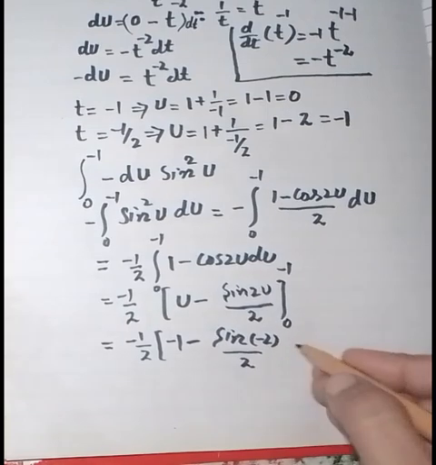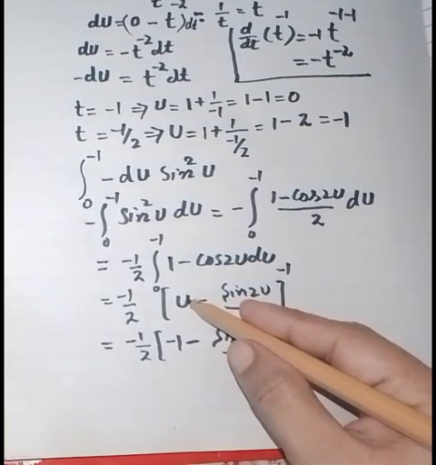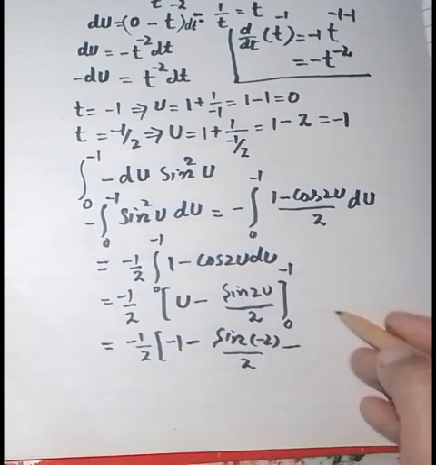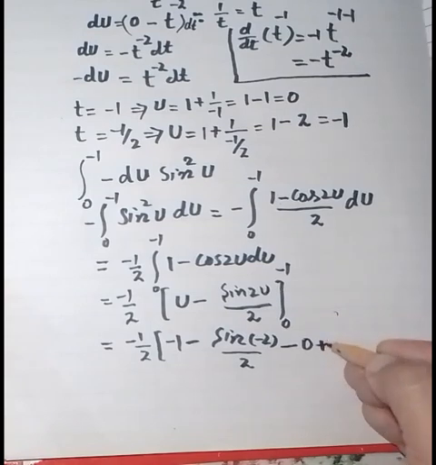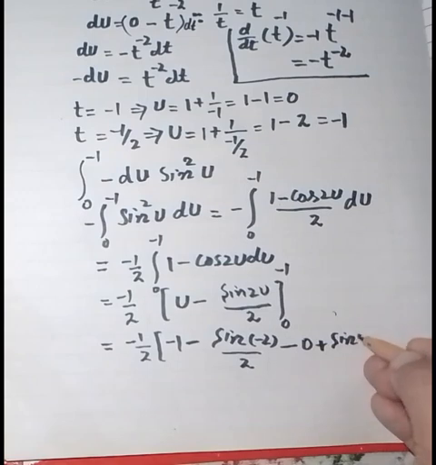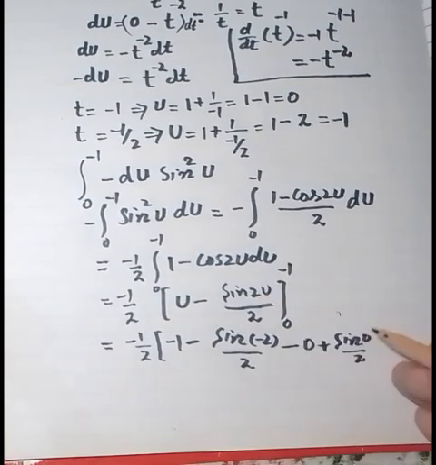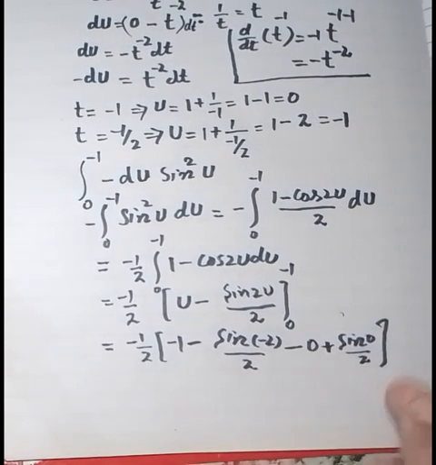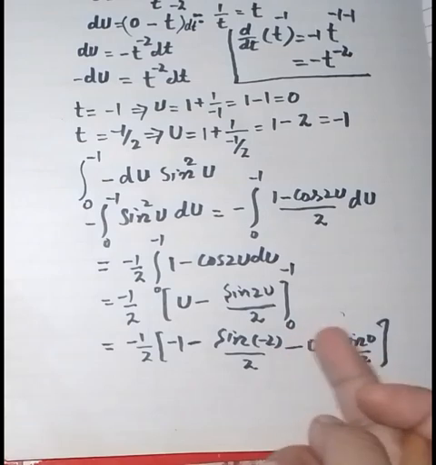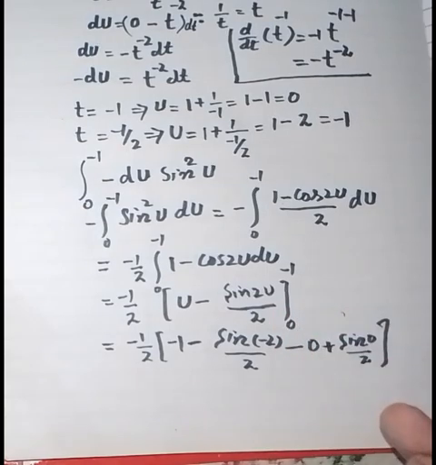Now put the lower limit, minus u is equal to 0, so it will be 0, and minus minus plus sin 0 divided by 2, because u is 0, so 2 into 0 will be 0. We have just taken the upper limit and then the lower limit.